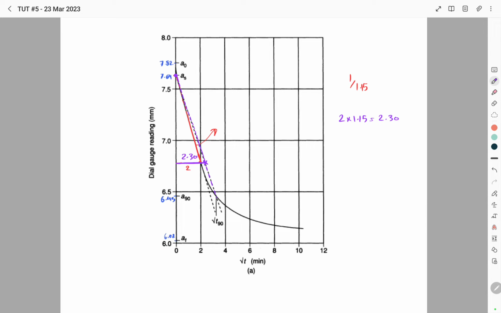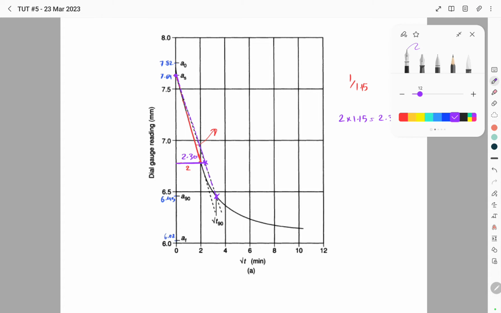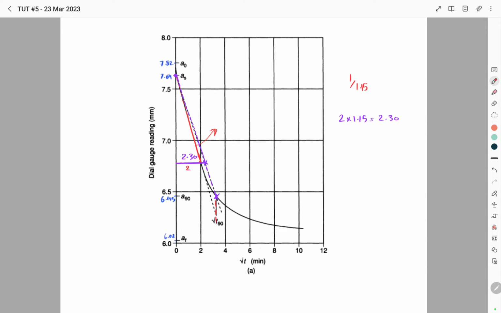And in order to determine T90, we have to extend this second straight line until it cuts our main plot, and this is going to be the intersection point, and the values corresponding to this point, for square root of T90, the value is 3.3, and for A90 the value is 6.45.